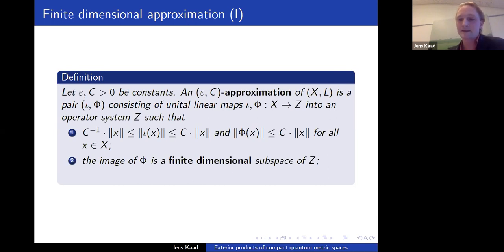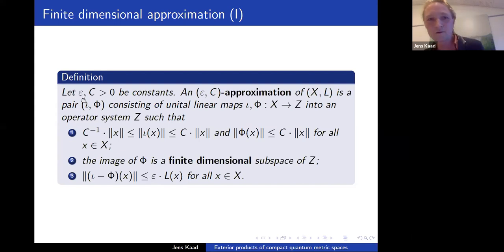The image of phi has to be a finite dimensional subspace of the operator system. Third condition, this is the approximation property. It says that iota and phi are close to one another when compared with the Lipschitz seminorm. So the distance between iota of x and phi of x is dominated by epsilon times the Lipschitz seminorm of x. So here's the other constant epsilon appearing.